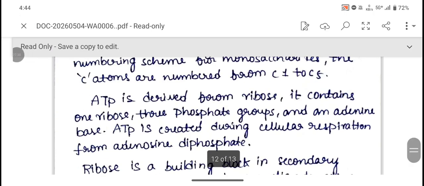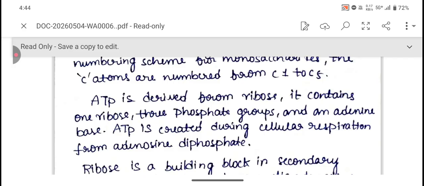ATP is derived from ribose. It contains 1 ribose, 3 phosphate groups and an adenine base. ATP is created during cellular respiration from adenosine diphosphate. If you see the structure, the ATP consists of 1 ribose sugar, 3 phosphates and an adenine base: adenosine triphosphate, right?